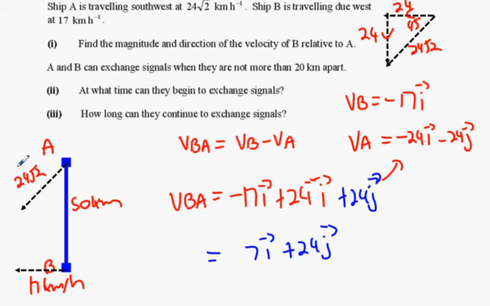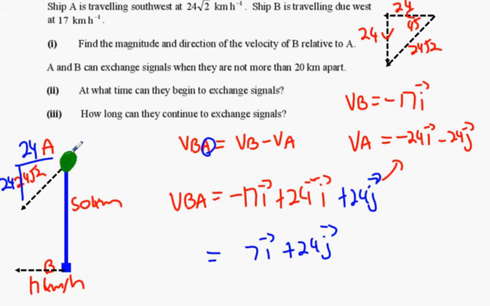Because this one is going across at 24 and down at 24. That means it's going 24 closer every time. Right? Because velocity of B relative to A, A is the second letter. Therefore, A is considered stationary.